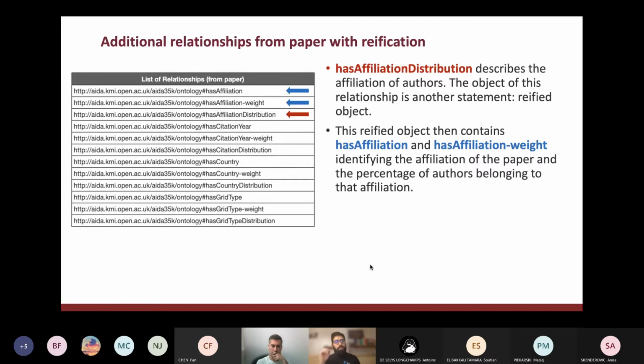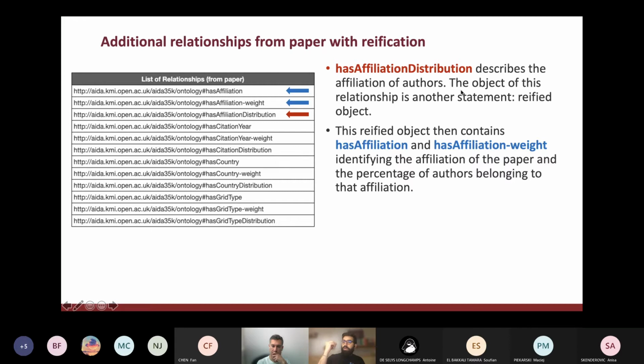Now, there are additional relationships, also from paper, that instead have a little bit of reification. I will show you an example of it so you don't get confused. So for example, the paper can be connected to a distribution of affiliations through as affiliation distribution.